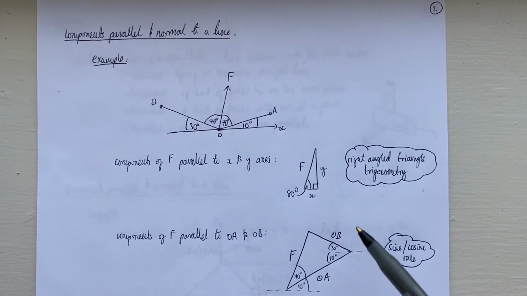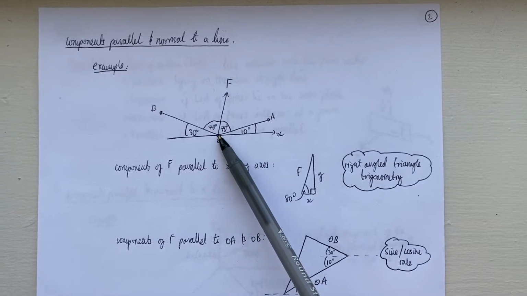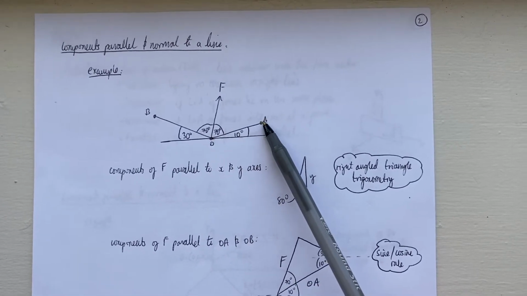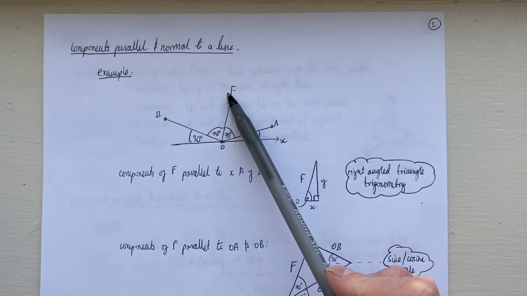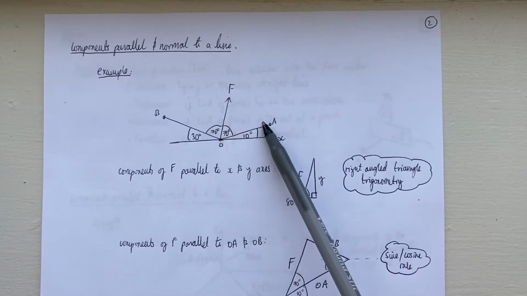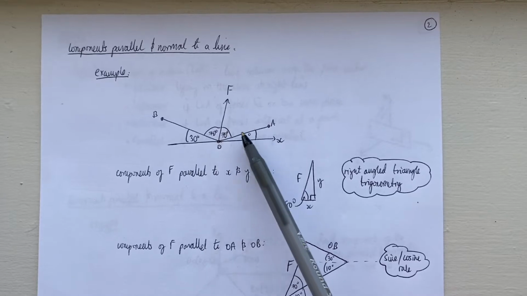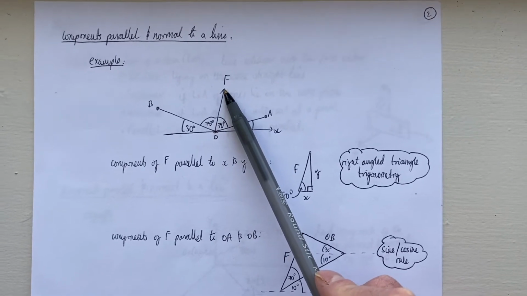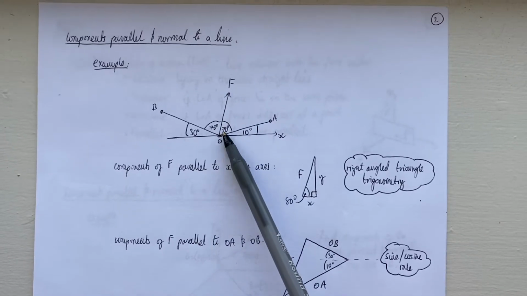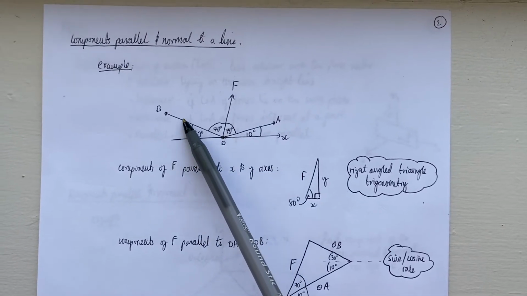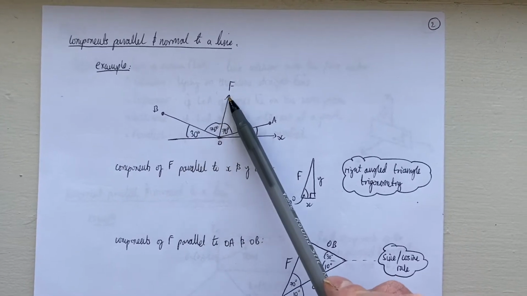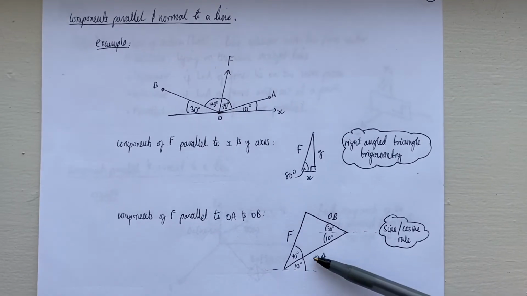So what I'm saying is I need to go some distance parallel to OA and then some distance parallel to OB in order to get to F. So I'm trying to map along OA and OB to get to the same place, right? Or equivalently, I can go parallel to OB first and then go parallel to OA second to get to F. So that's what I've drawn down here.